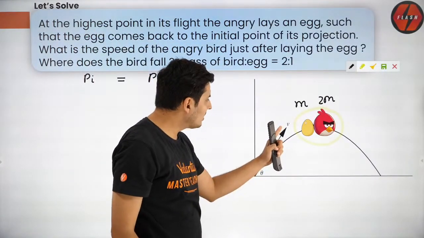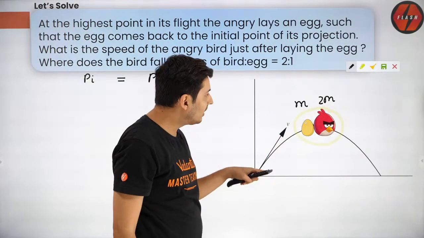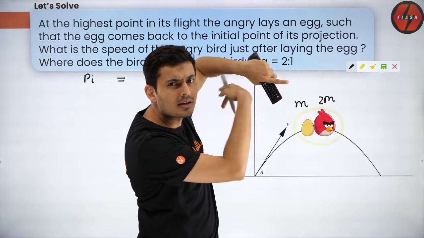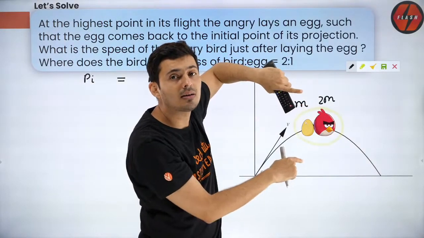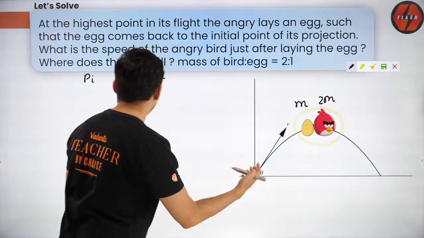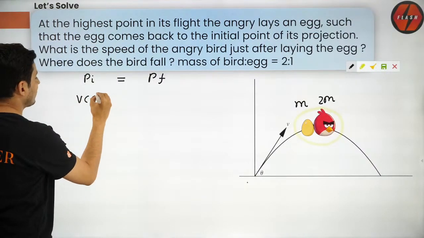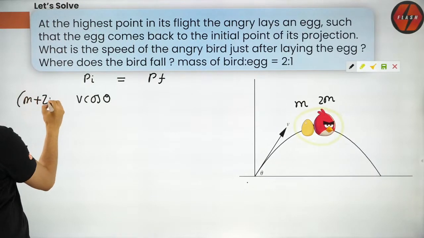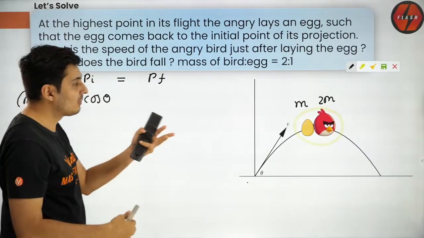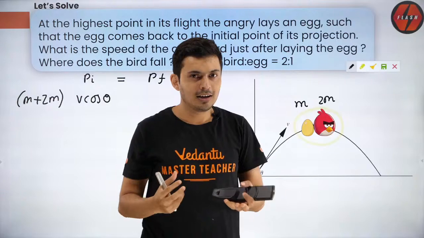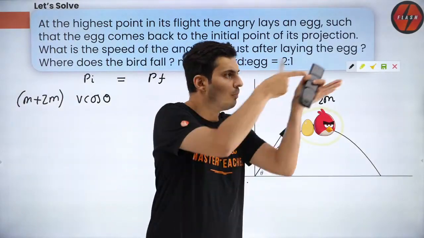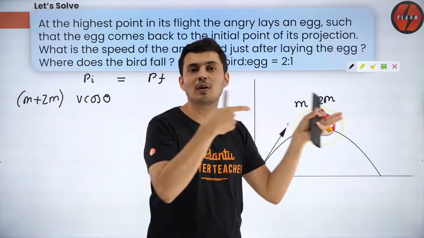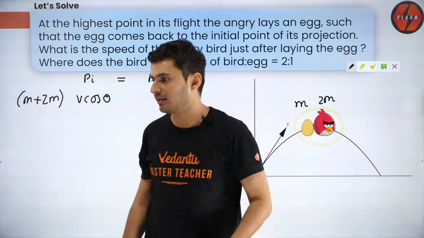If the initial velocity was v and the angle is theta, we all know at the topmost point the velocity is horizontal. Y velocity goes away. So what is the horizontal velocity? V is the cos component, so that will be v cos theta. But for the momentum, it will be m plus 2m. Why m plus 2m? Because the bird has not yet laid the egg. Just before the laying of the egg, the bird plus the egg together, the 3m mass, will have a velocity of v cos theta. Is it fine till this point?